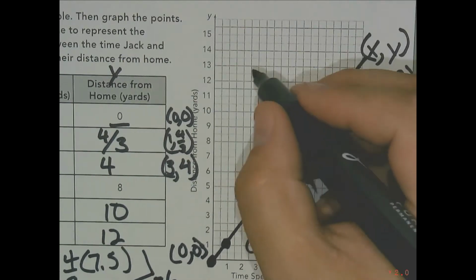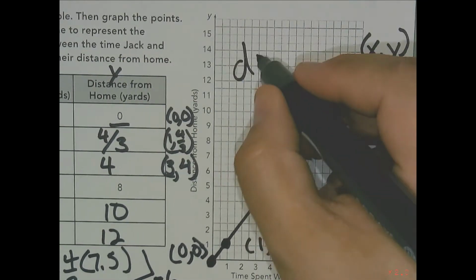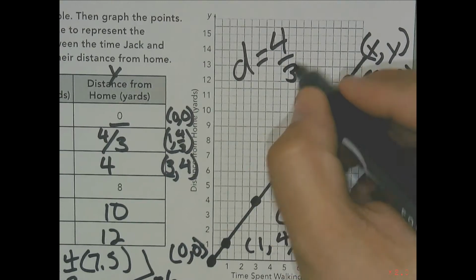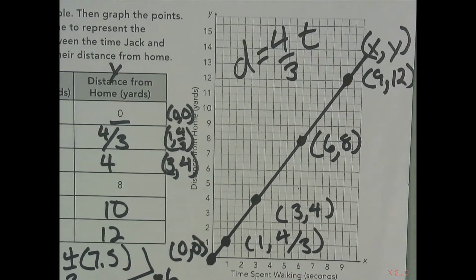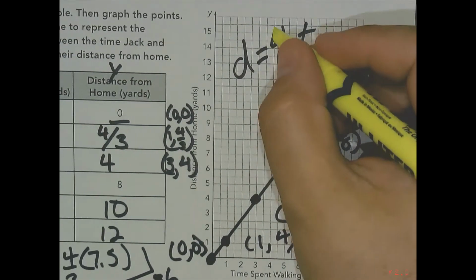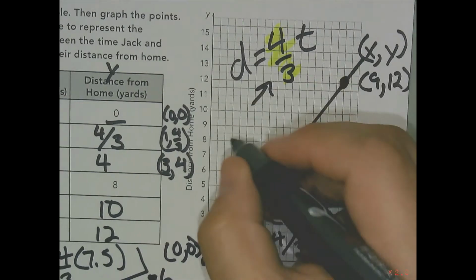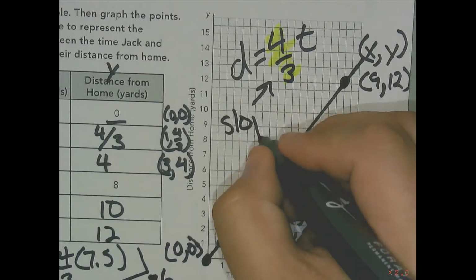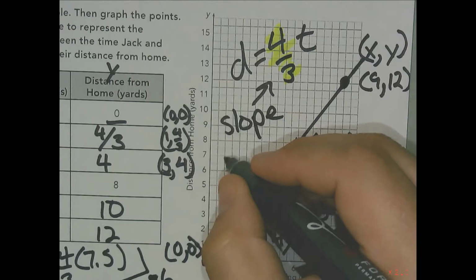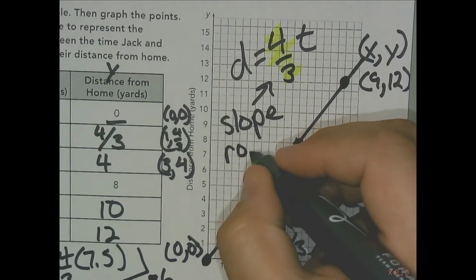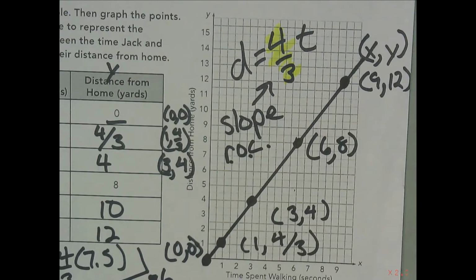Now what this represents is the equation D equals 4/3 times T, where 4/3 is the coefficient or the rate of change. So we would call this the slope or rate of change. Does that make sense?